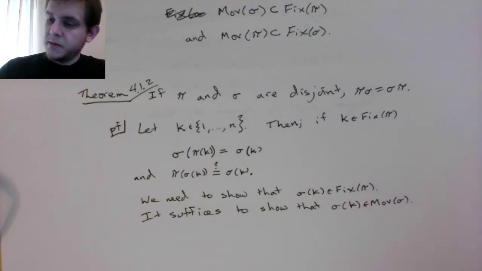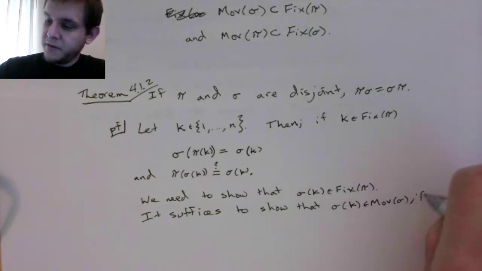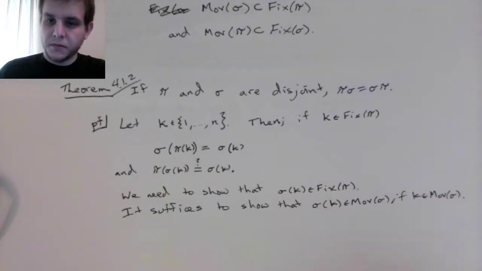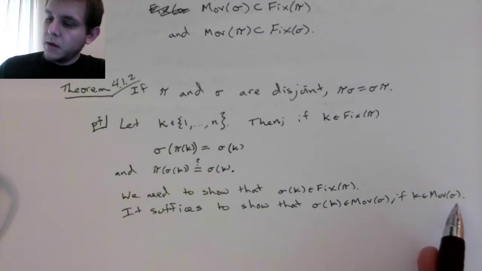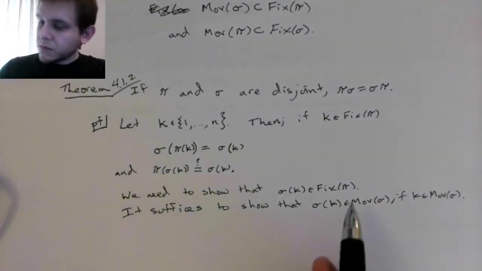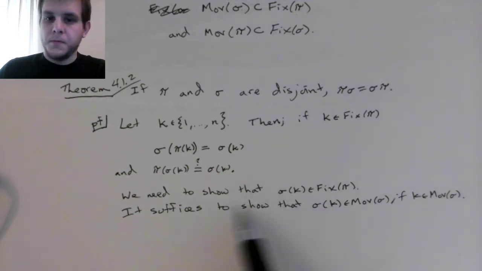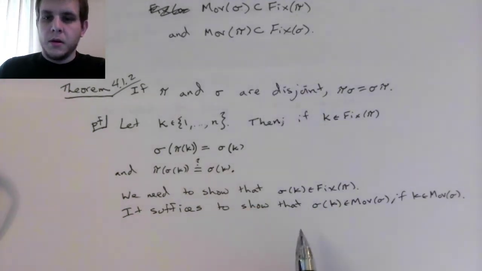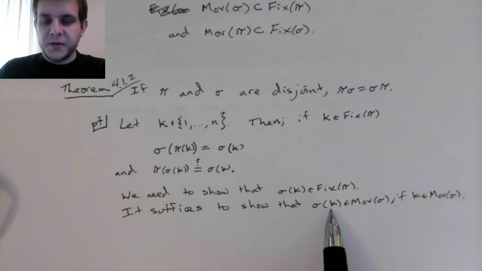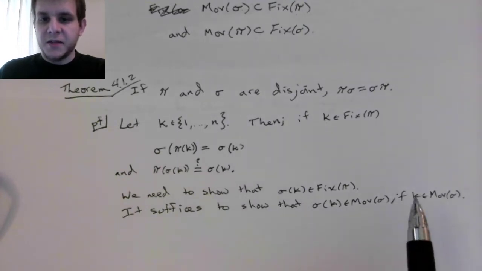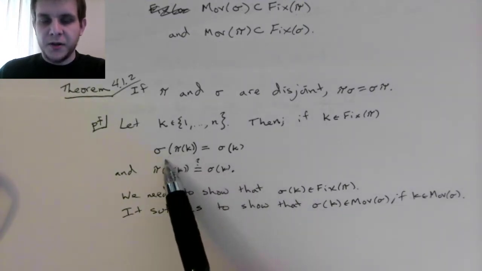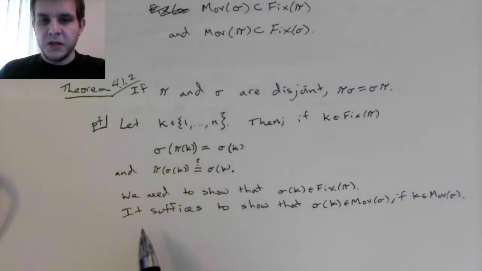Otherwise, if k is in the fixed point set of sigma, then all these things are just equal to k.